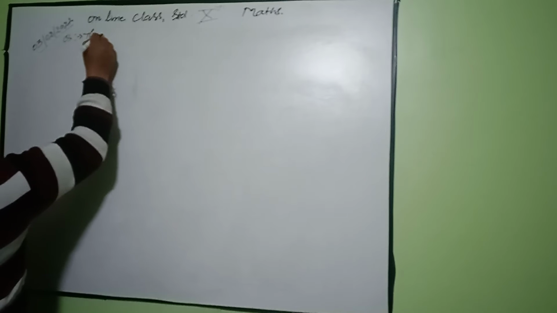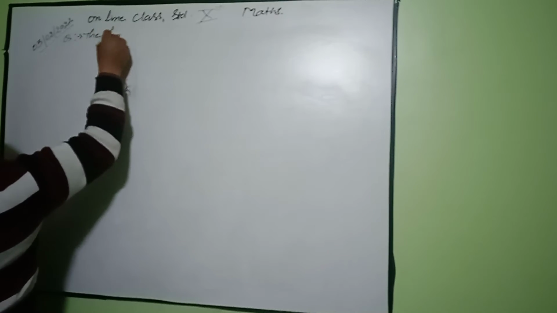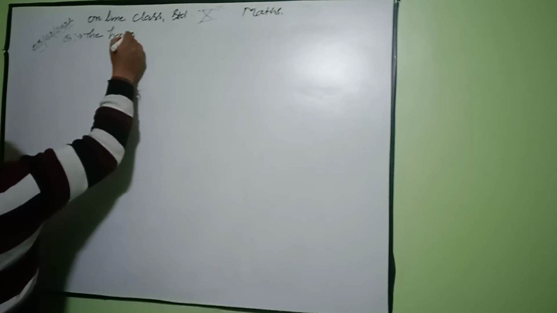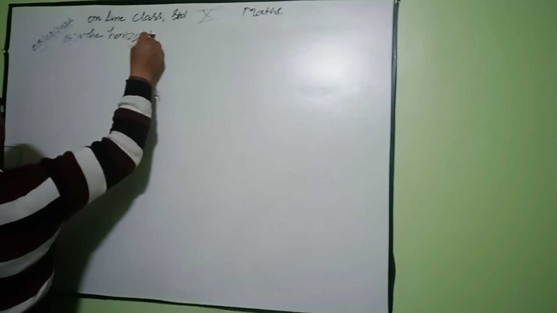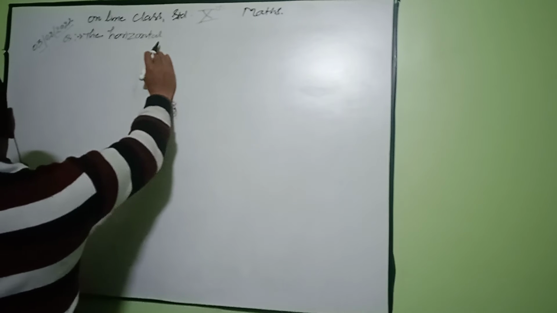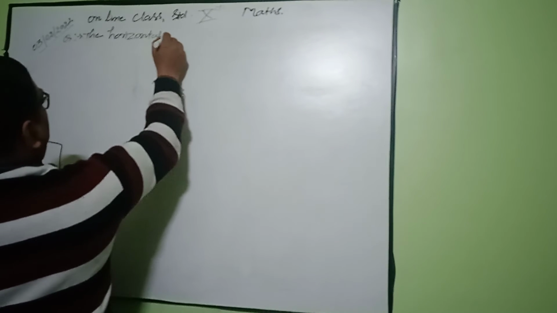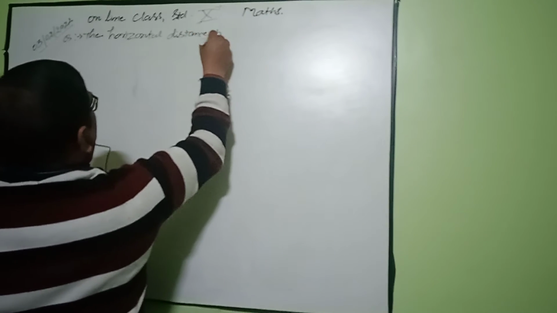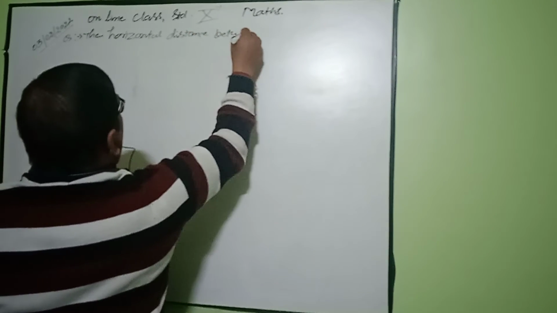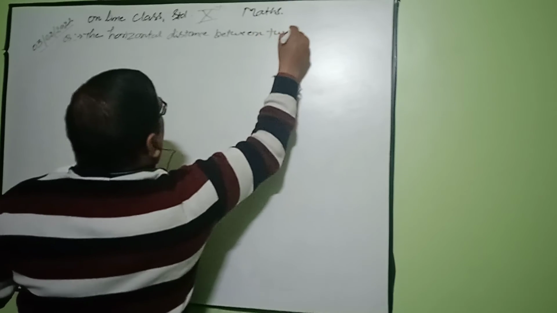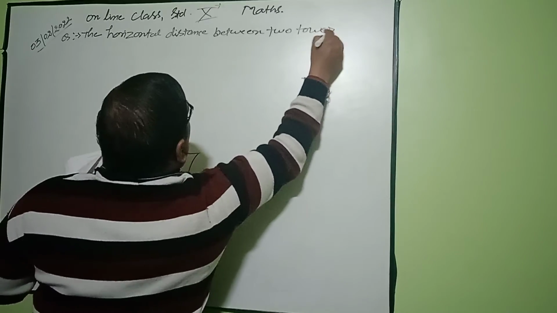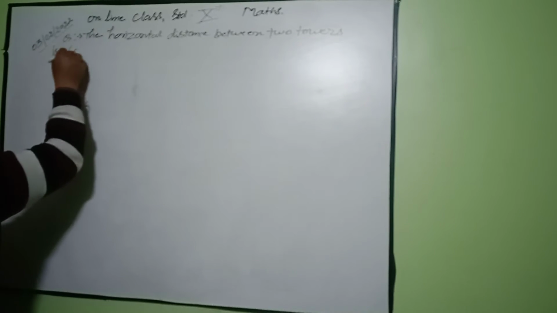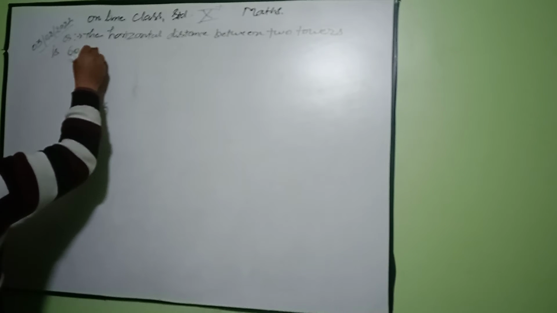The horizontal distance between two towers is 60 meters.